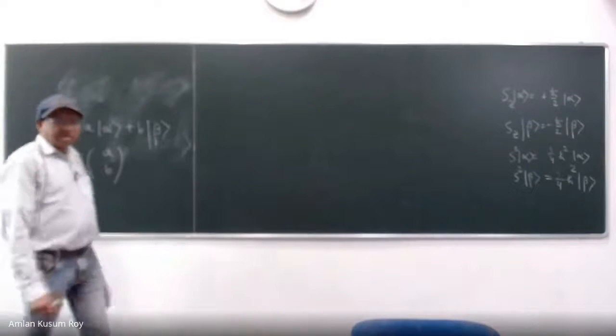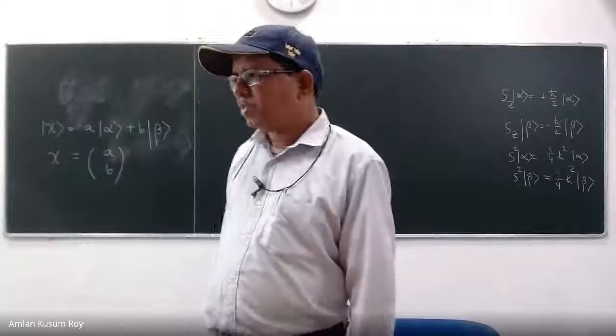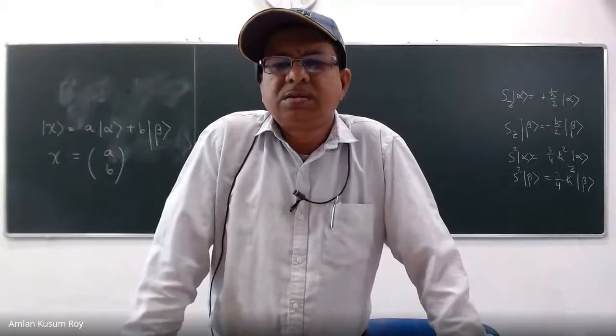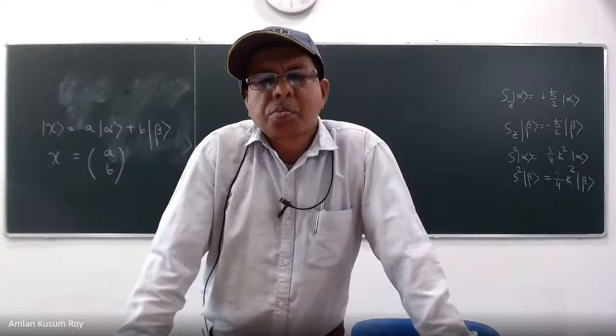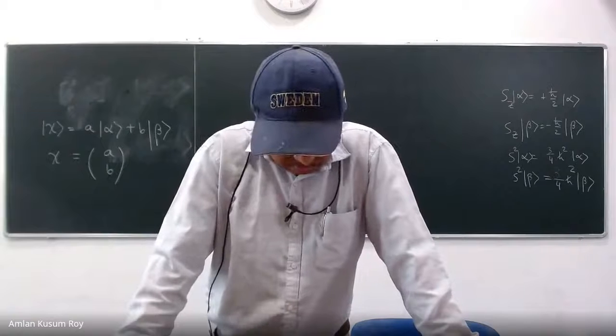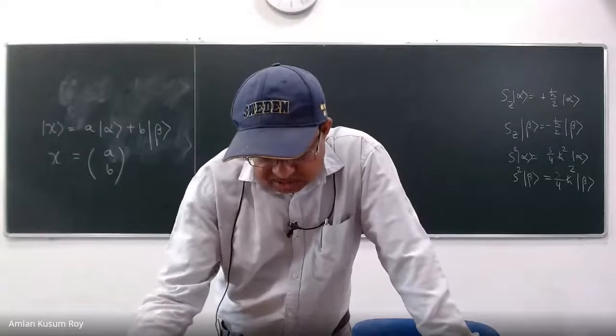I just write only the coefficients, just like the functions. So how are alpha and beta defined? What is the matrix for alpha? Sujana, can you say? Who can say? Please write.